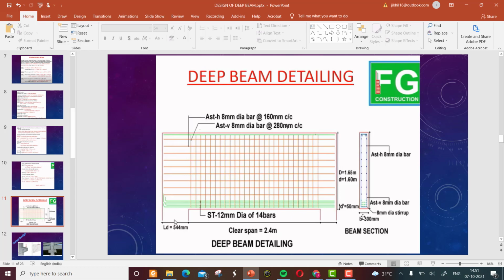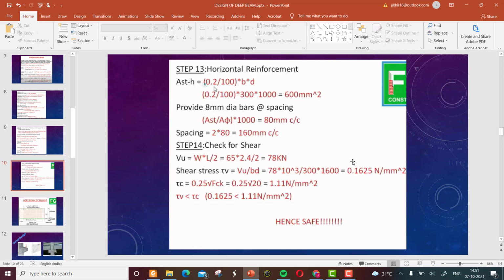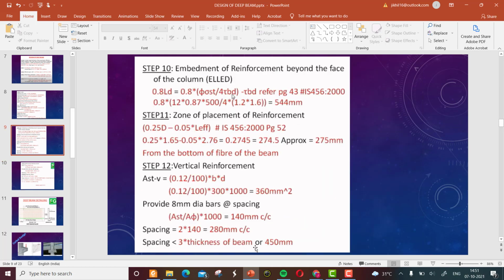The breadth of the beam is 300 mm. The green lines are the positive reinforcements, and we have provided 8 mm diameter stirrups as we designed here.